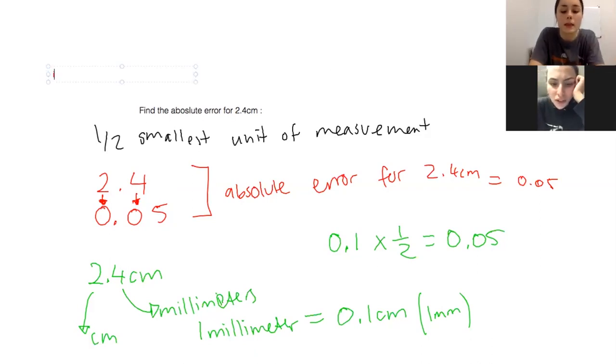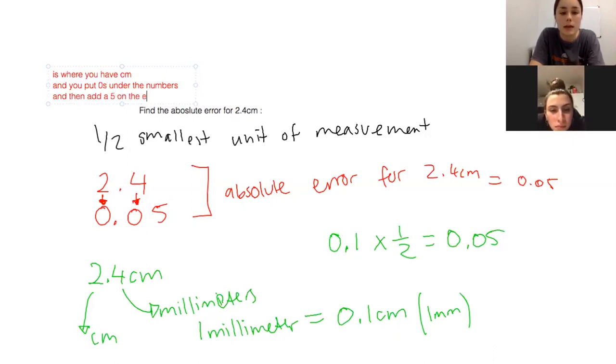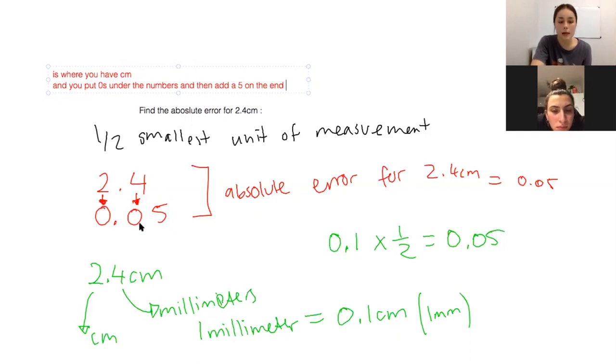Do I just go 0.05 under it? You put zeros under the numbers and then add a 5 on the end. So 2.4, under the 2 add a 0, under the 4 add a 0, and then put a 5 on the end. Does that make sense?